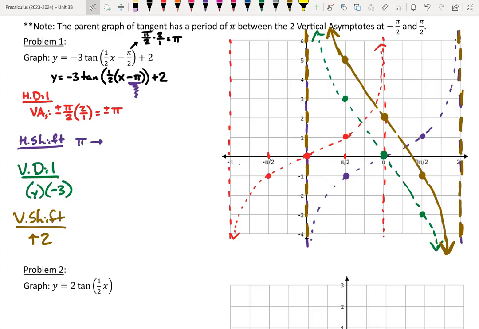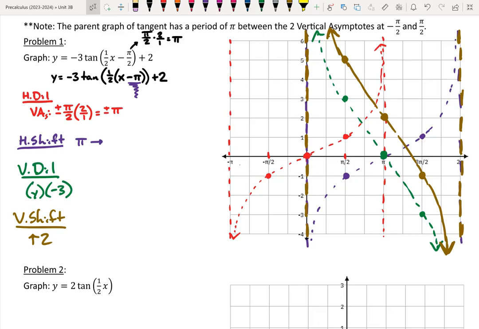All right. So one thing that is often asked of us that I don't have in the notes here, so we're going to go ahead and add it in, is that often it will ask for an equation for the vertical asymptote. So we're going to figure out what would be an equation for our vertical asymptotes.